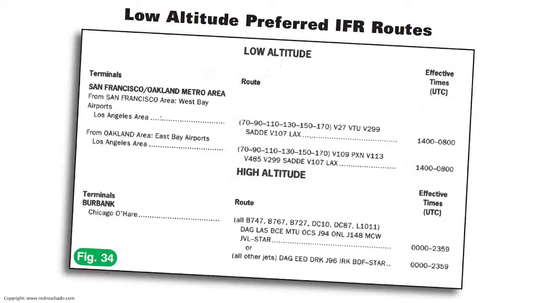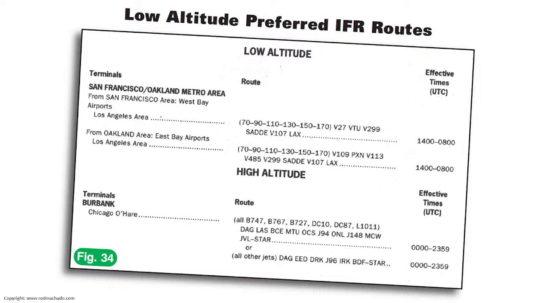Low altitude preferred IFR routes look just like this. San Francisco to the Oakland area. Oh, good Lord, these aren't even easy to read.